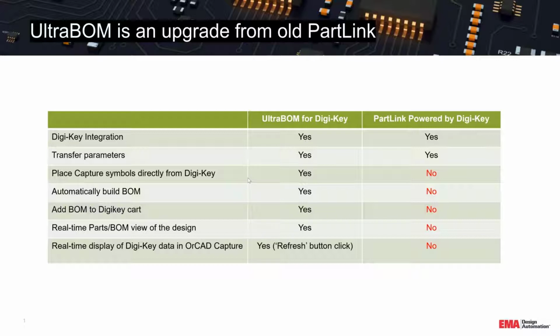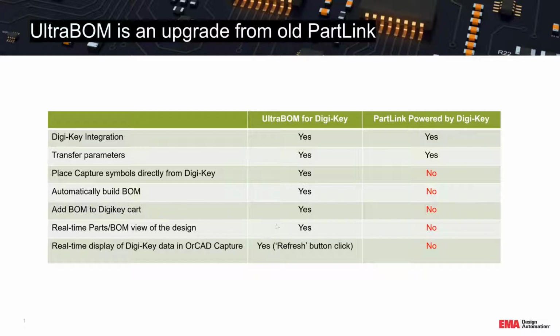We've provided you the access to some of our UltraLibrarian capture symbols that we've pre-built for you so you can directly place a part if you identify a part that you like from Digi-Key using UltraBOM. Once you build your design, you synchronize those parts of Digi-Key, you check the quantity available, the pricing on those parts, you can then send that BOM right to Digi-Key inside the Digi-Key shopping cart.